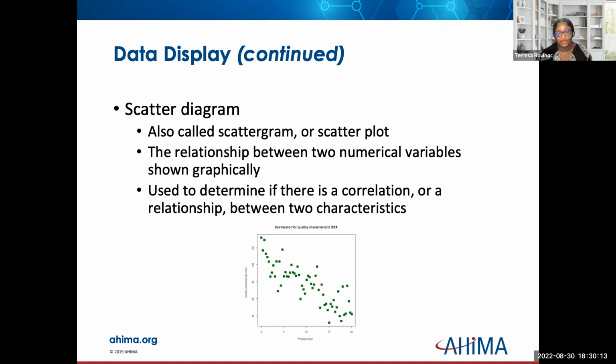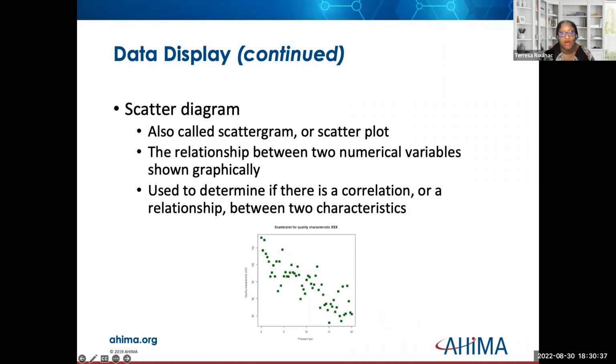If the two characteristics are somewhat related, the points will show tight clustering in a certain direction. The closer the points look like a line in appearance, the more the two characteristics are likely to be correlated. The slope of the line can be either positive or negative.